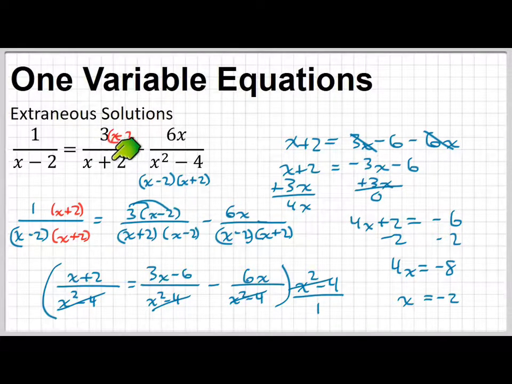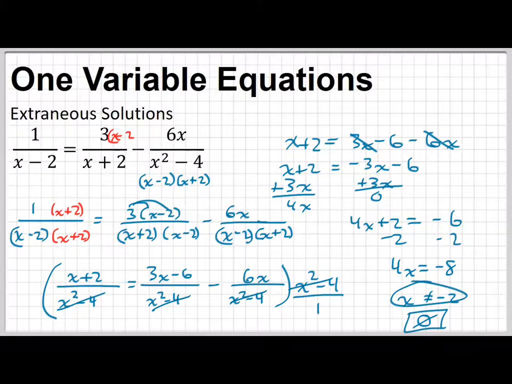If I plug negative 2 into here, I get 0 on the denominator. So negative 2 is actually an extraneous solution. And since I did all this work to solve it and found that negative 2 is the only result I get, this has no solutions. Okay, so the answer is no solutions.